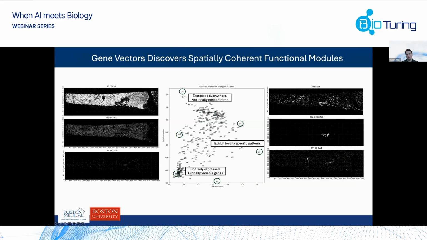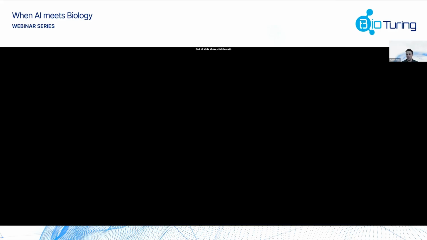We can identify genes which are shared but also have different types of patterns depending on whether they are more local versus more sparse versus more everywhere. So I think this is something that we're pretty excited about. It's a different approach. It does allow you to potentially integrate more data sets together without necessarily having to do them step by step. I think that's the last one.